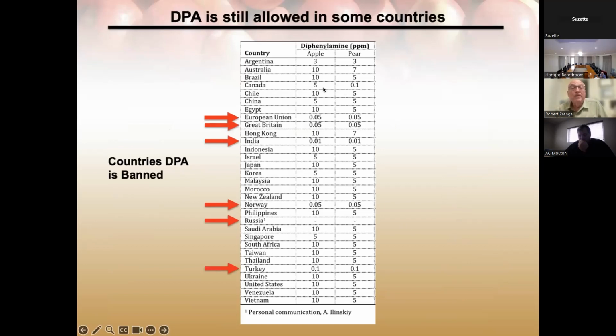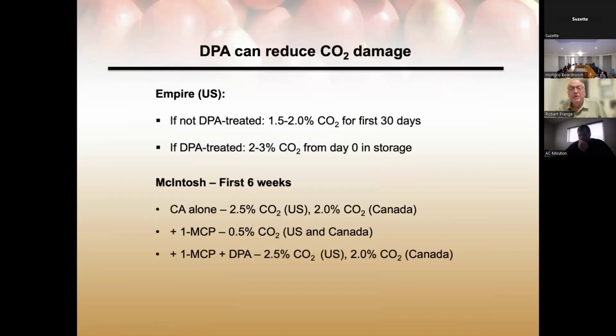However, there are a lot of other countries in the list that still accept DPA. And why am I talking about DPA? Well, even though it's not recommended, DPA is really for scald control, superficial scald control. It has been found to also help reducing carbon dioxide damage.